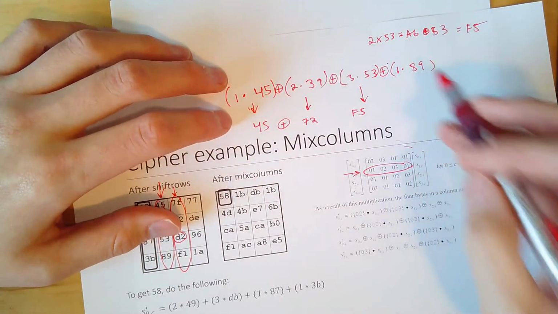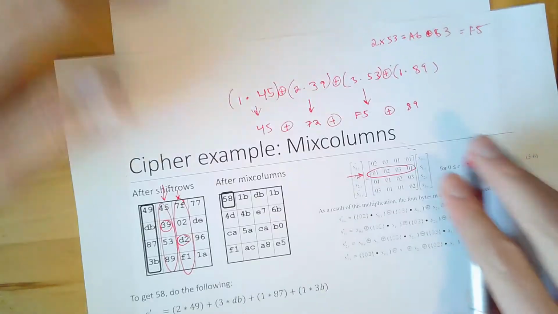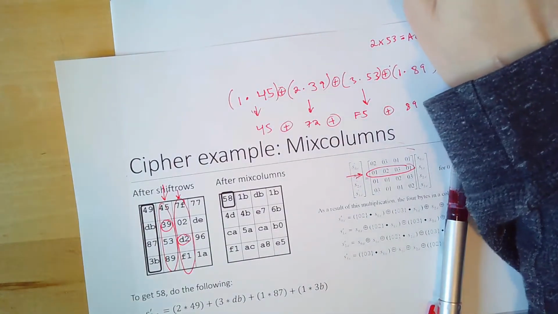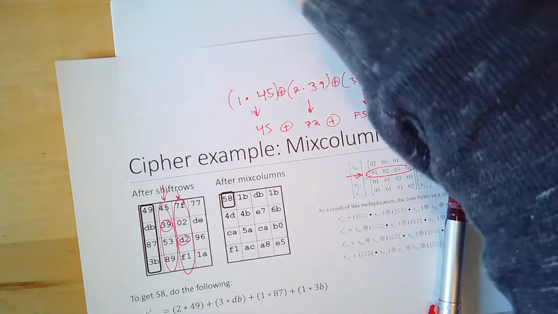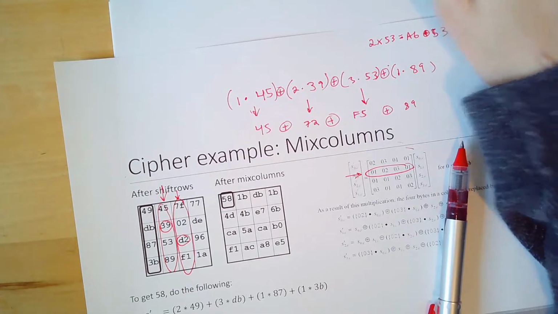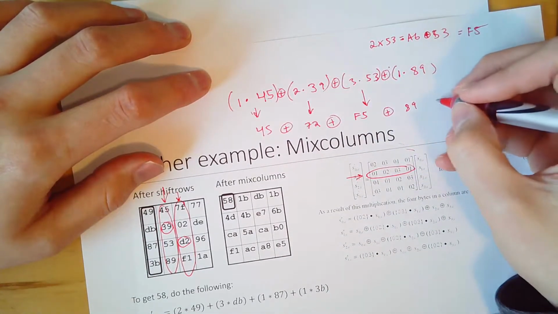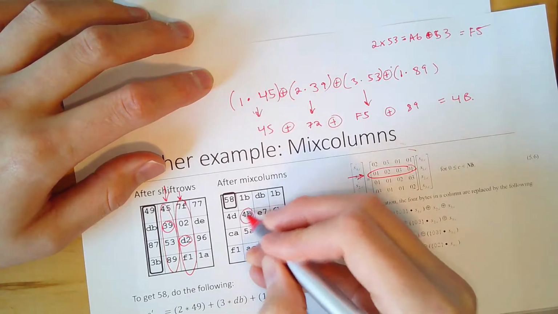And then 1 times 89 is just 89. We XOR these values together now. 45 XORed with 72, XORed with F5, XORed with 89 gives us 4B, which is the 4B here.